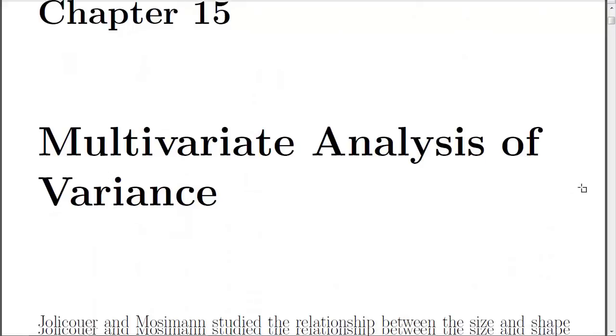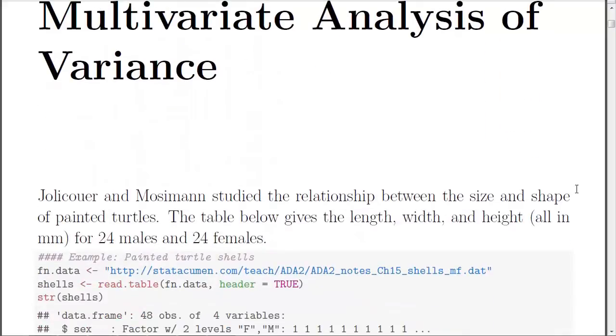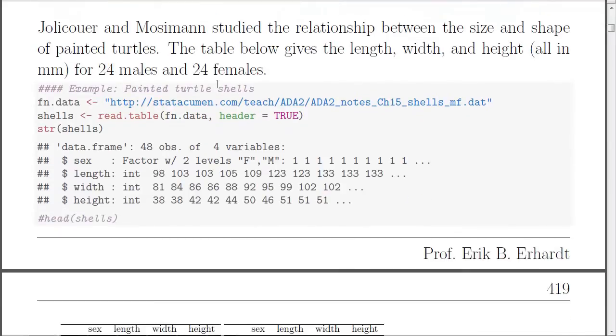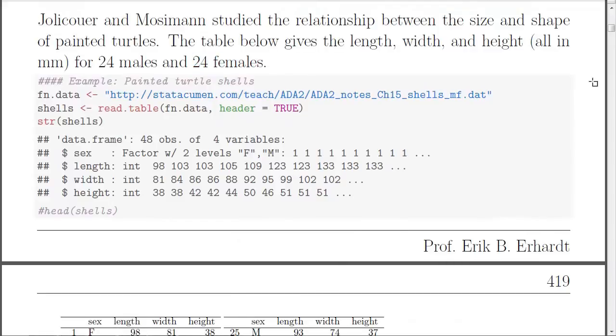In particular, we're going to look at an example about turtle shells, the length, width, and height of these turtle shells, and ask, in this three-dimensional vector, are the centers of our observations different from each other for males and females? This is an example that we looked at in a previous chapter, but we only looked at the females. Here we're looking at both males and females.